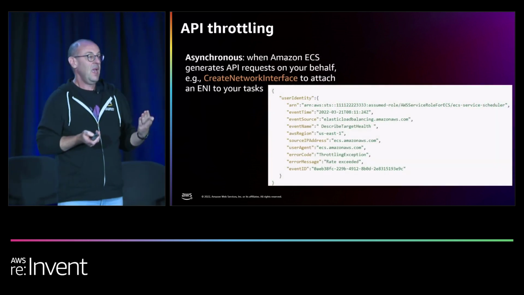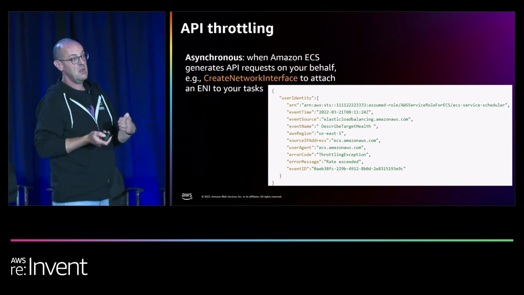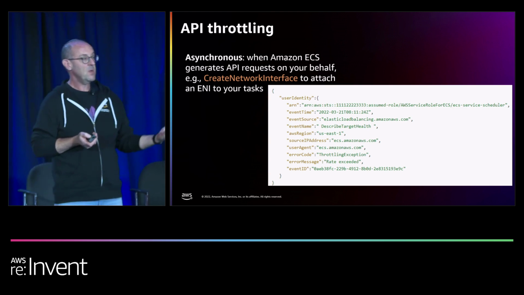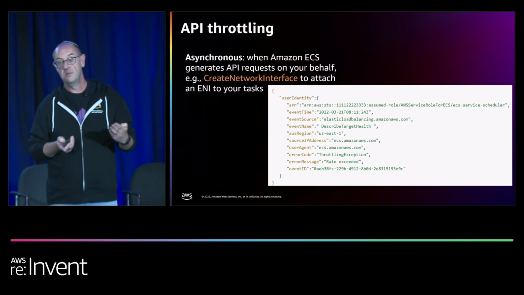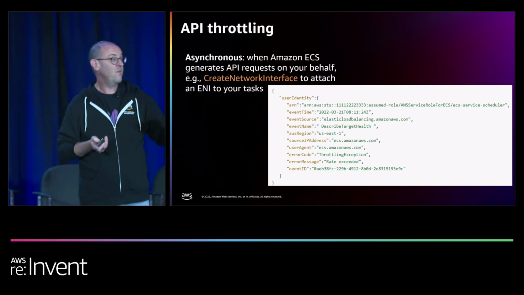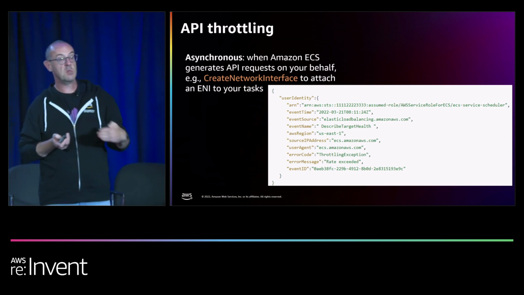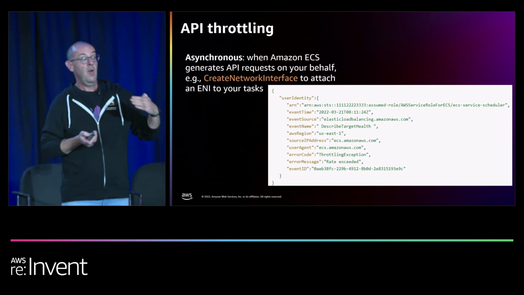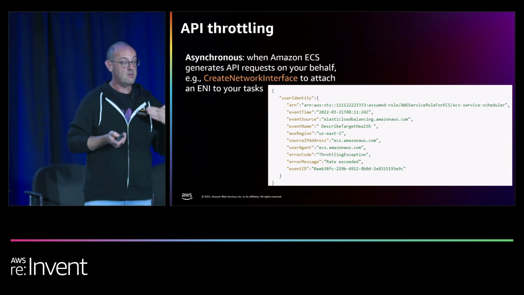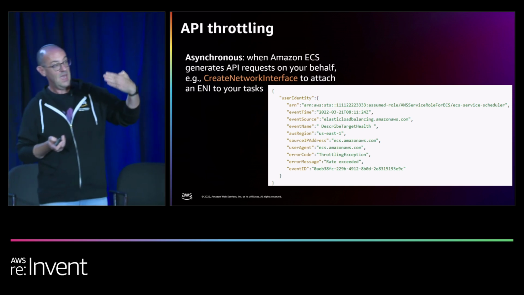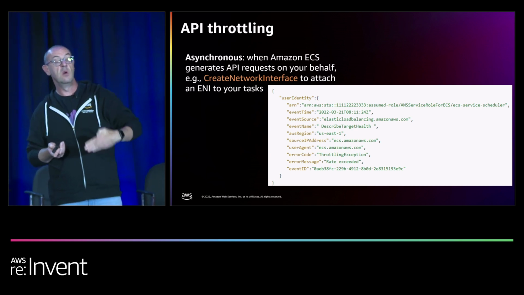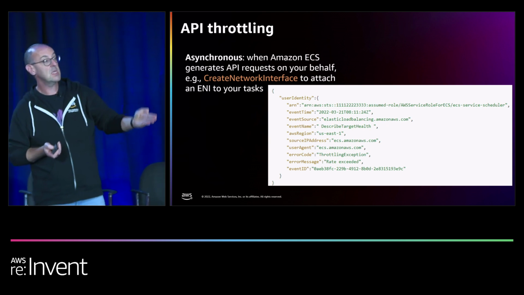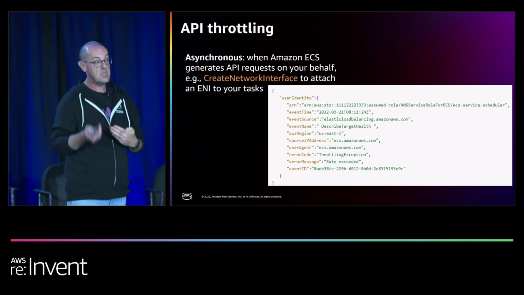Besides the synchronous API calls, ECS, as we said, makes additional API calls in the background to other AWS services on your behalf. So when you say, for example, we had the run task API to start a new task on my ECS cluster running Fargate, you made that synchronous call, but in the back end, ECS makes additional asynchronous calls, like, for example, to start up a new instance in the background, attach a new ENI to that instance inside your VPC, add that instance into a load balancer.